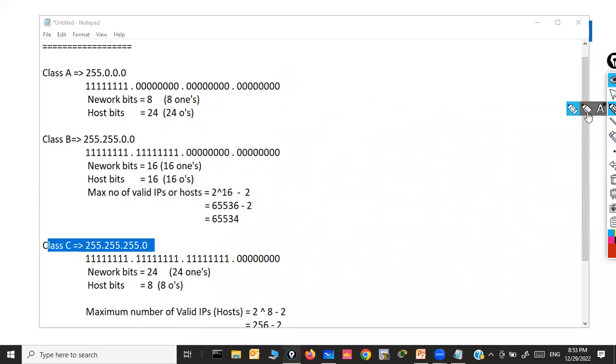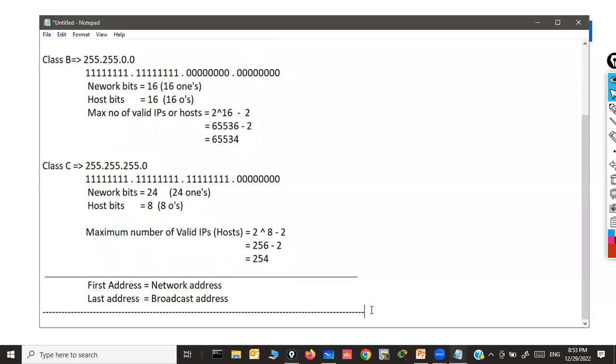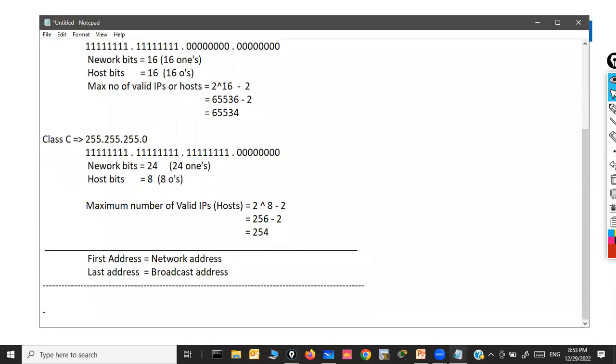But that is subnetting. So what problem is subnetting going to solve? Subnetting is mainly solving the judicial use of IPs, right? So basically, it minimizes wastage of IPs, right?